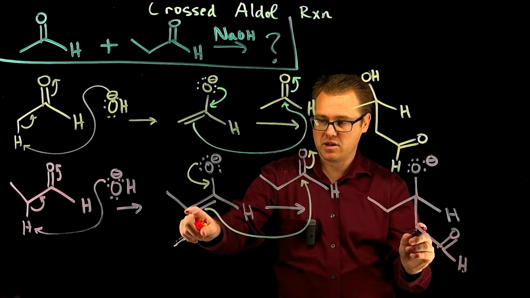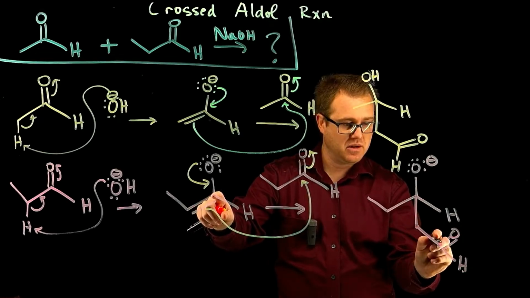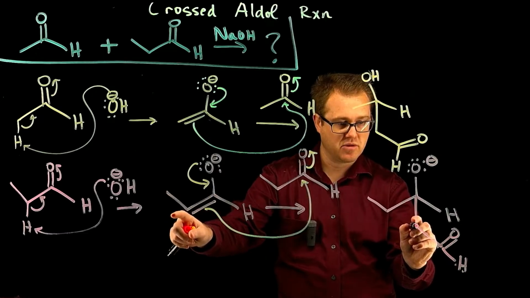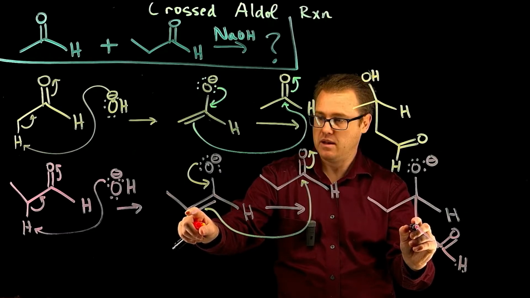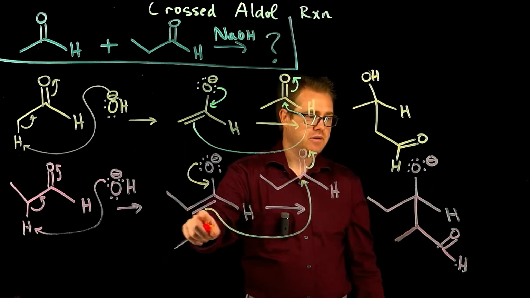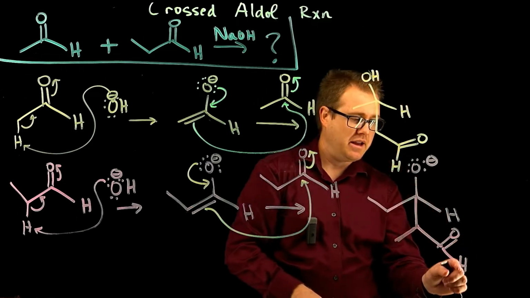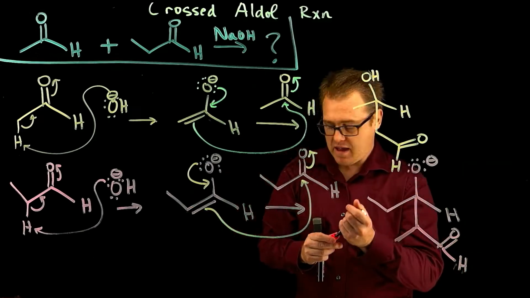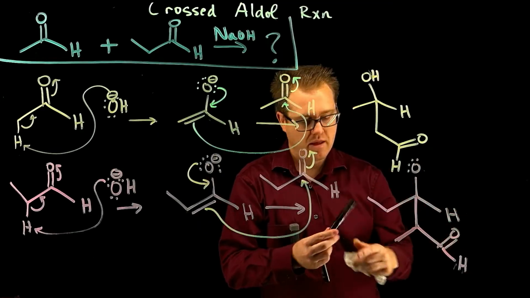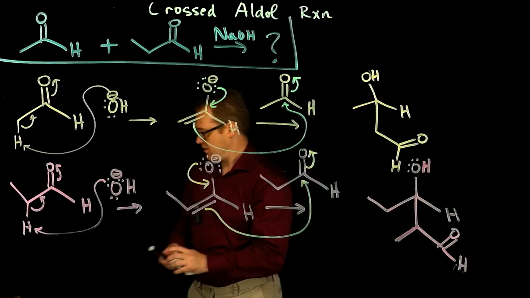But if we come back to this carbon, we accounted for this one and the hydrogen, but we still have this methyl group right there that we have to worry about. And that would be right there. Then we would take this molecule and do a proton transfer and protonate that guy right there, and we would get that product.